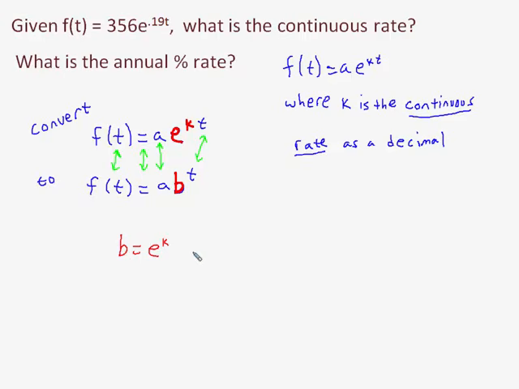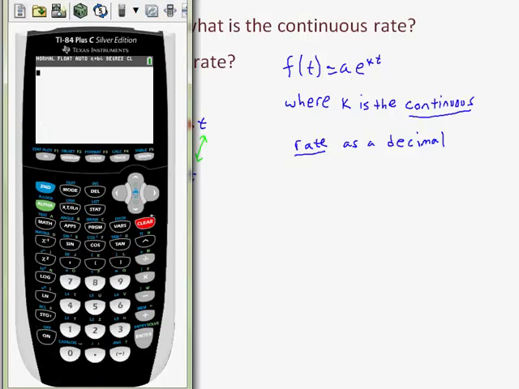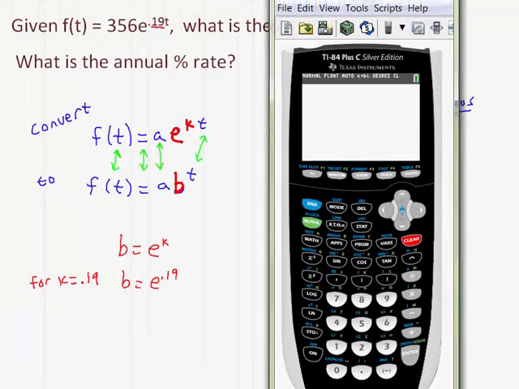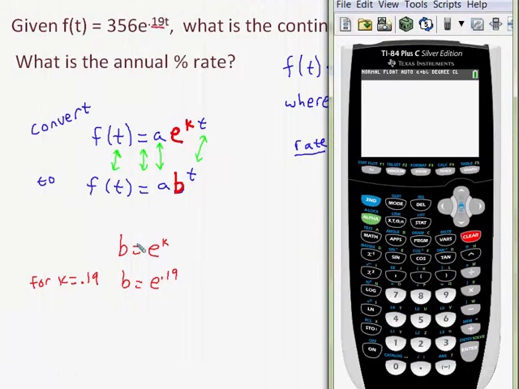So for k equals 0.19, given in the problem, I would have in my formula the same a value, 356, but my b would be equal to e to the k, and again, k is 0.19. When I find the percent rate, I want 3 decimal place accuracy, and I'm going to go to my calculator, but mind you that when you convert from b to the percentage rate, you lose a couple decimal place accuracy when you move the decimal place over twice.